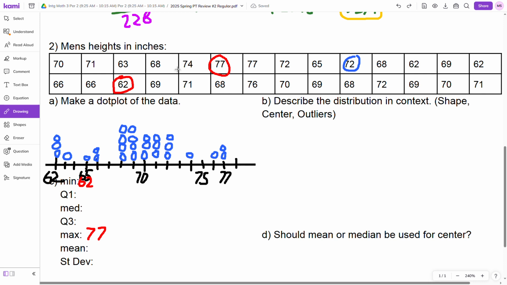So 14th and 15th number, let's count. 1, 2, 3, 4, 5, 6, 7, 8, 9, 10, 11, 12, 13, 14, middle. So the median is right there at 69. What I'm saying is that right here are 14 numbers inside that red enclosure.